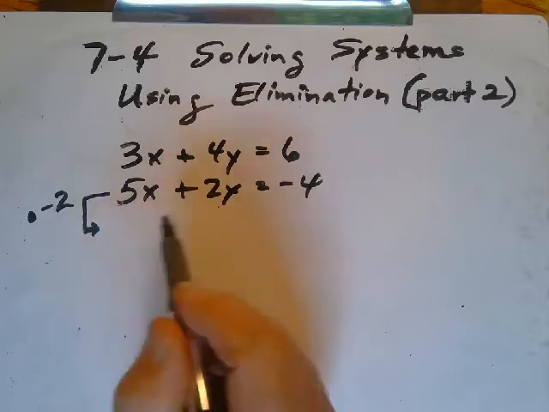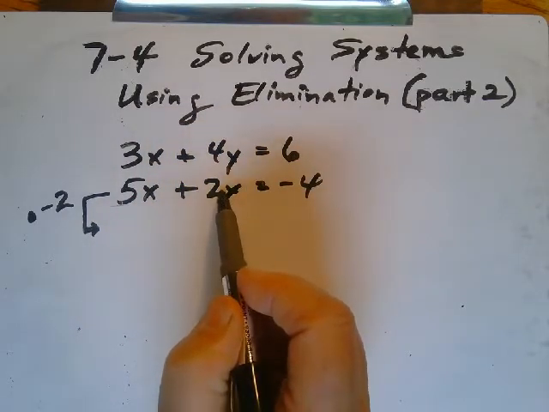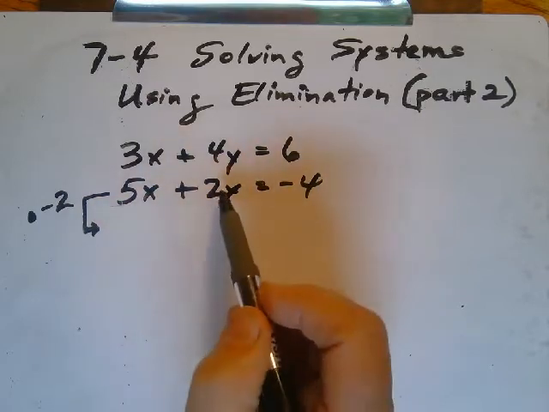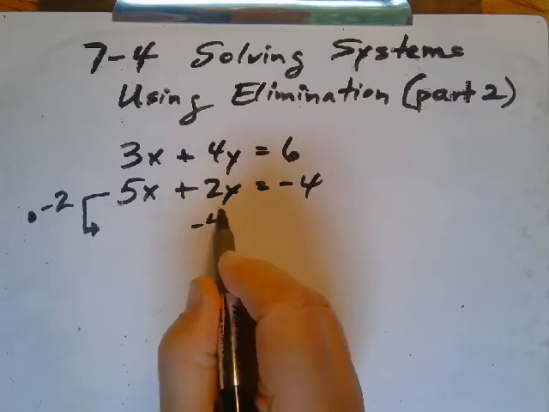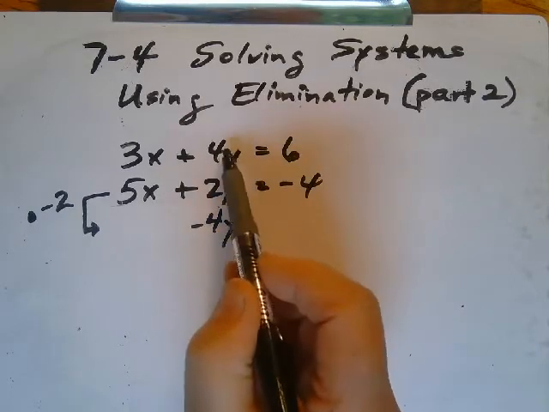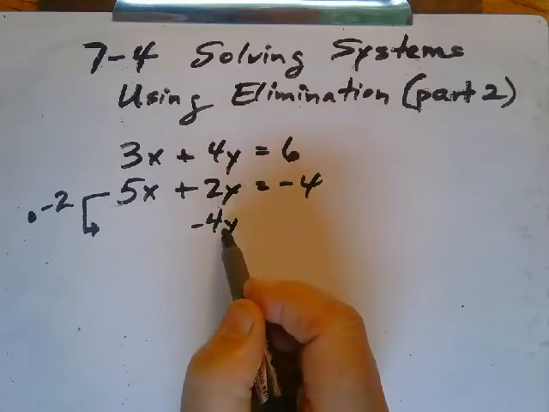So we're changing more than just the sign, we're changing the numbers too. And -2 times 2 is going to give me -4y.